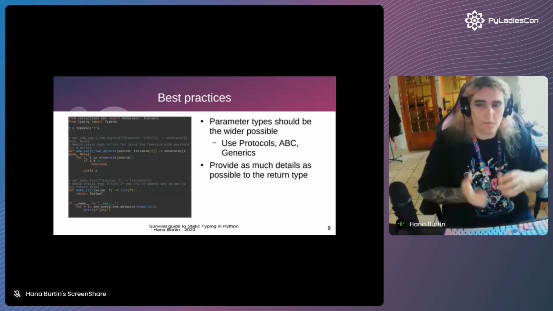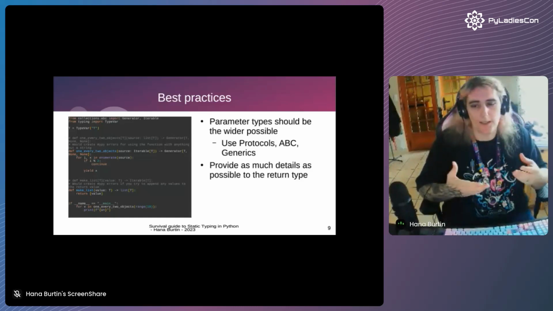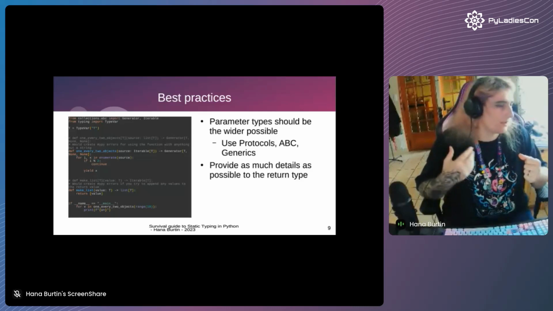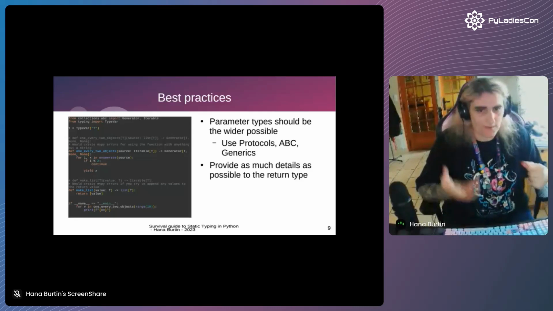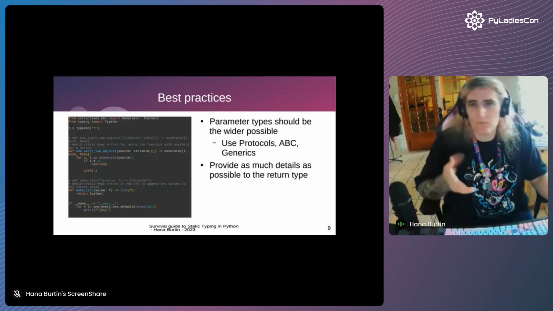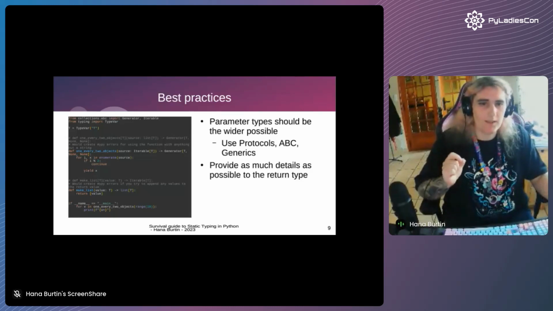Because the more detailed the type, the more attributes you are saying you are providing on your object. And that's really the best practice that you need to apply when you are typing: take as wide as you can as an entry and as narrow as you can as an output of your functions.